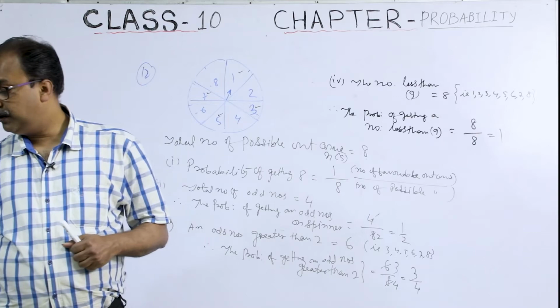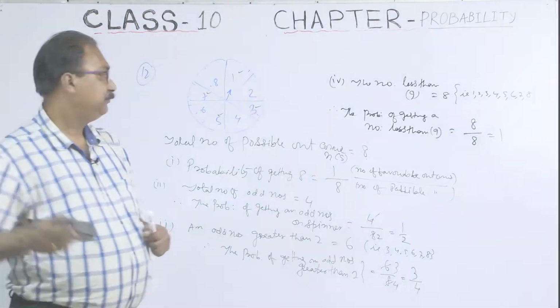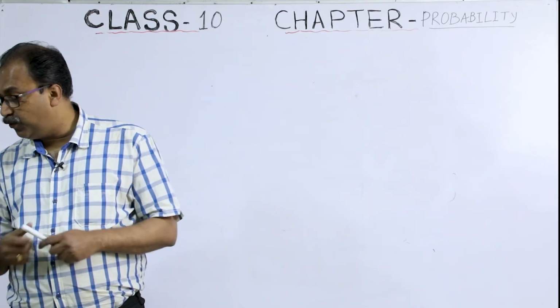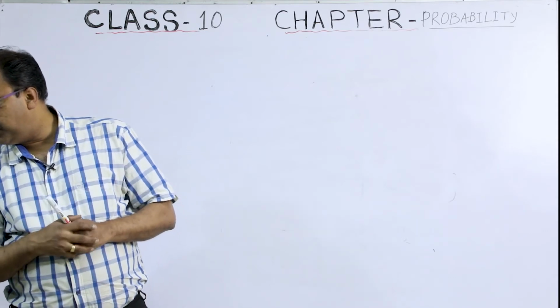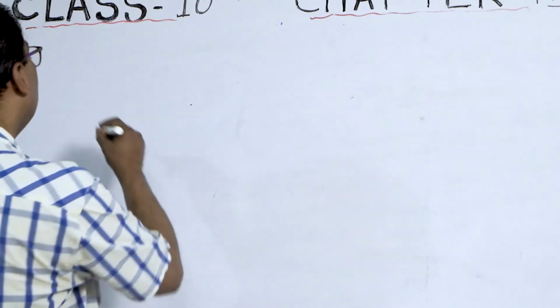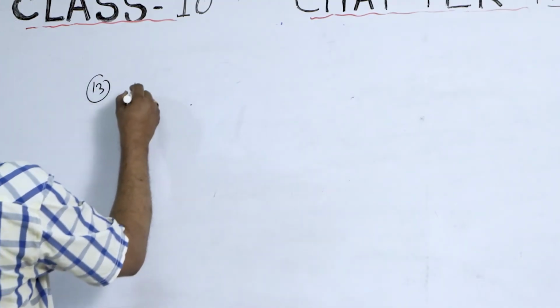Now, question number 13 is, a die is thrown once. Find the probability of getting these numbers. Okay. So, we write first question number 13.